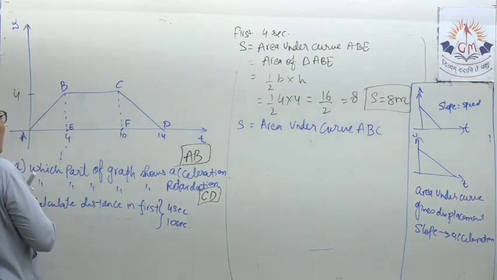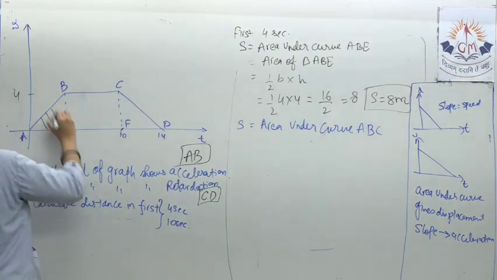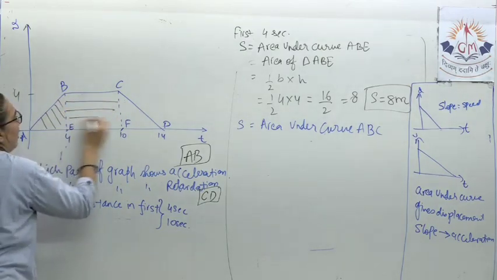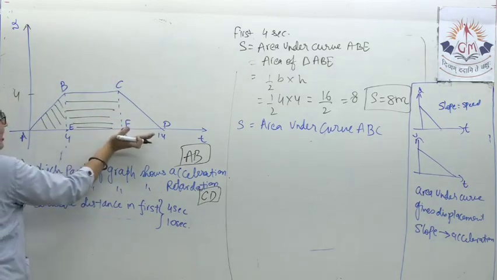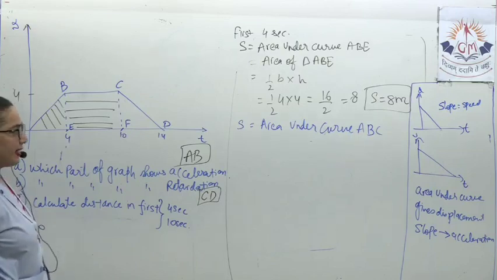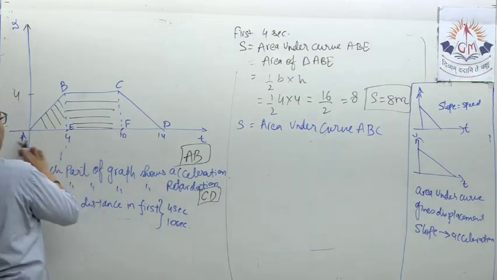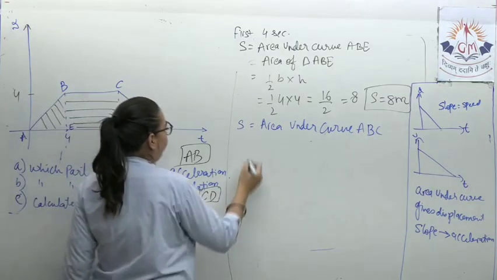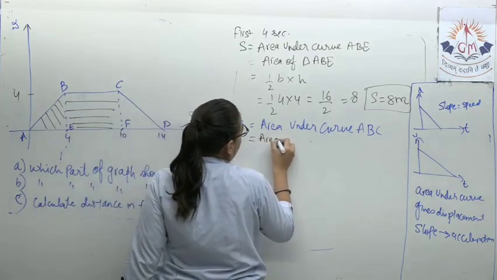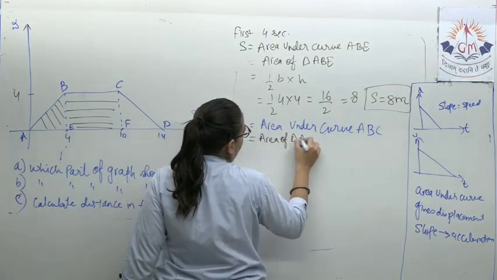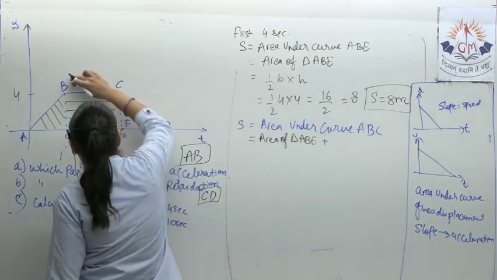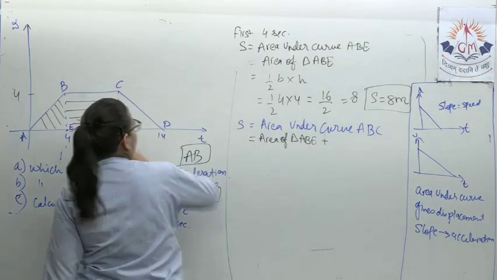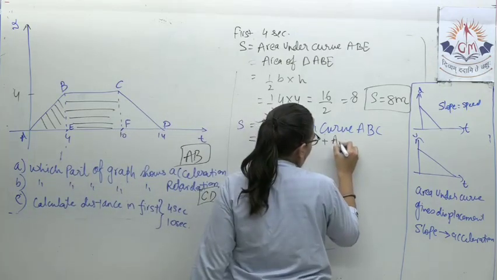Once you add this triangle and this rectangle, you get the total distance covered till t equal to 10 seconds. So here you have the area of triangle ABE plus the area of rectangle BCFE.